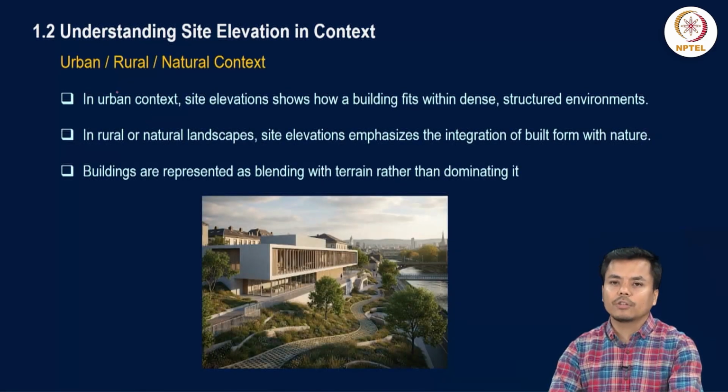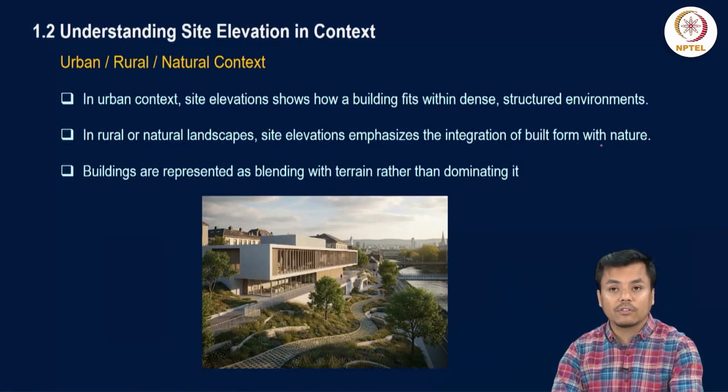Then next is with respect to urban, rural or natural context. In an urban context, site elevation shows how a building fits within the dense and structured environment. In a rural or natural landscape, site elevation emphasizes the integration of built form with nature.